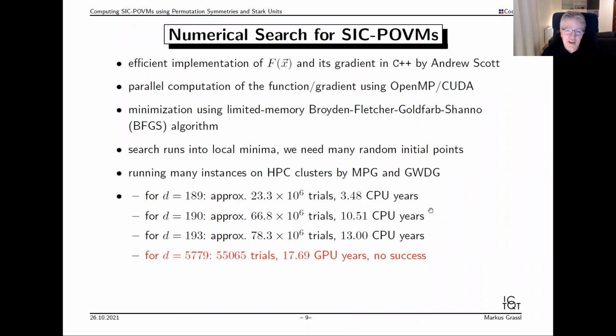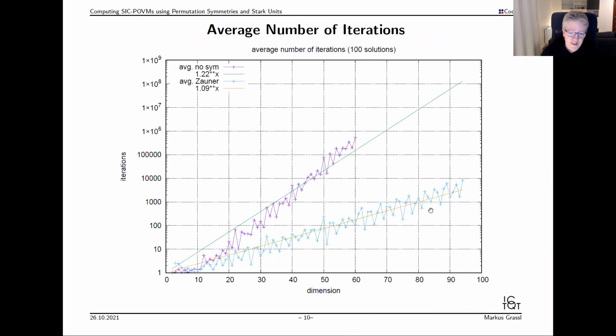And why that was the case is, for small dimensions, we can get a bit of statistics. If we just run the minimization for random points and see how many initial points we need in order to get 100 solutions, then it turns out we have an exponential growth of the number of trials we need, since here we are plotting the dimension on a linear scale and the number of iterations on a logarithmic scale.